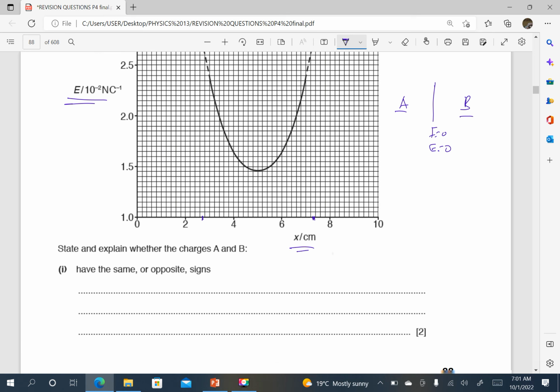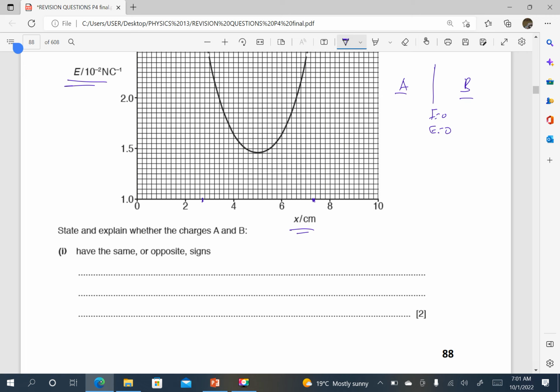So we can say these have opposite signs. They don't have like signs, so they have opposite signs. Reason: the field does not change direction.